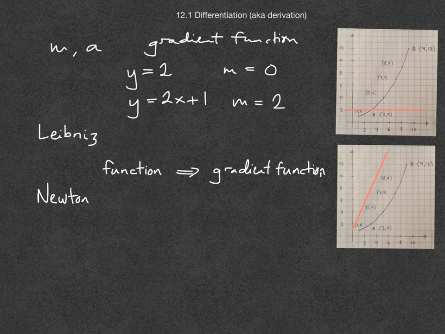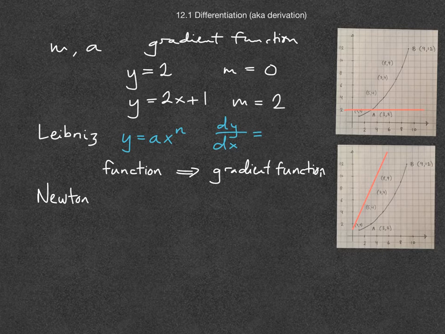So Leibniz, if he had a function, he would use the letter y, and if this was a power function like this, then this would be the function, and the gradient function, he would find by using this notation here, dy over dx.